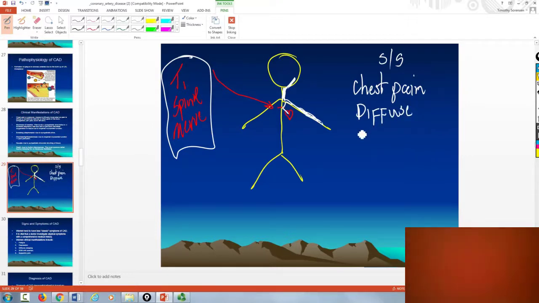They'll describe it as almost like a crushing type of pain. And it can, not always, radiate down the left arm, neck, and left side of the jaw. So you can get some left jaw pain and pain down the left arm.